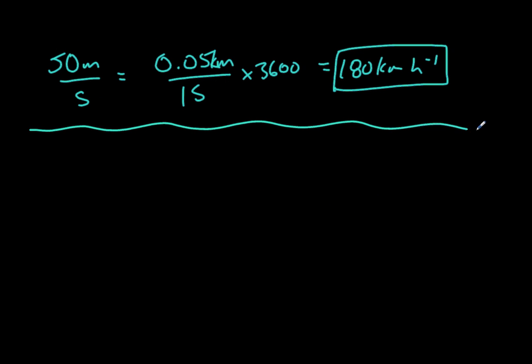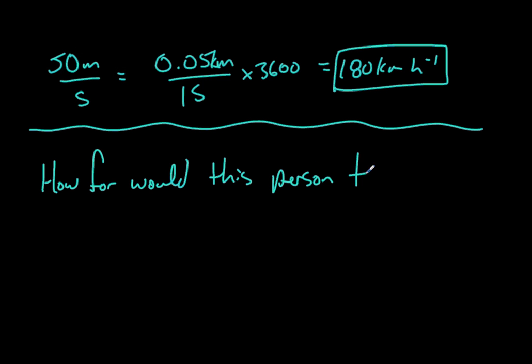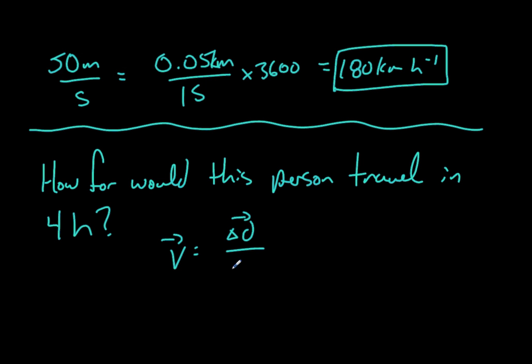Last one. How far would this person travel in 4 hours? Okay, so remember, velocity equals delta d over delta t.